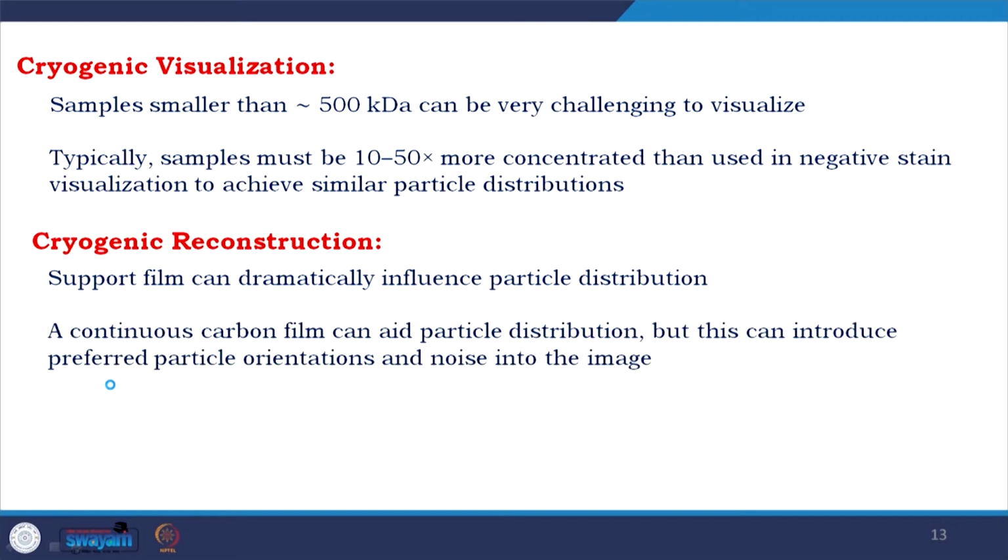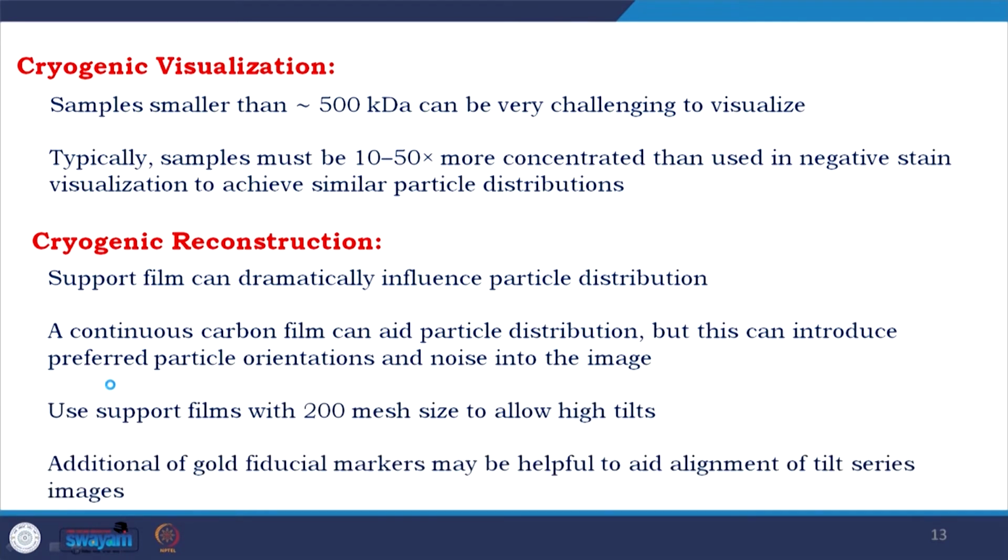A continuous carbon film can aid particle distribution, but this can introduce preferred particle orientation and noise into the image. For tomography, use support films with 200 mesh size to allow high tilt. Additional gold fiducial markers may be helpful to aid alignment of tilt series images when you are going to collect the tilt images and from there calculate the angular positions and reconstruct the 3D image.